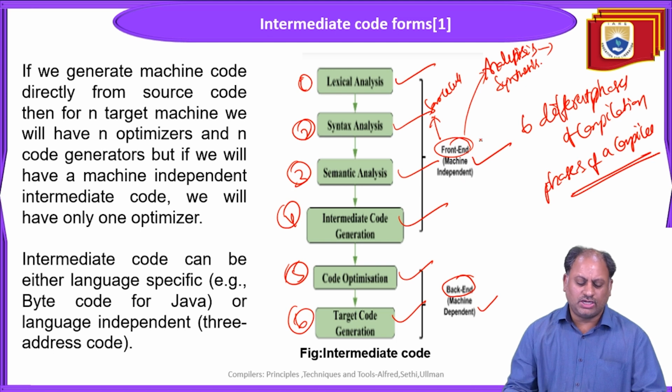Now if you generate machine code directly, that means instead of keeping intermediate code generation, we generate machine dependent code directly from the source code. Then machine independent code is not available, and there is a problem with portability.